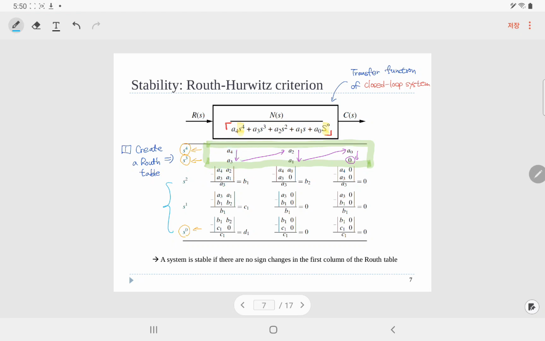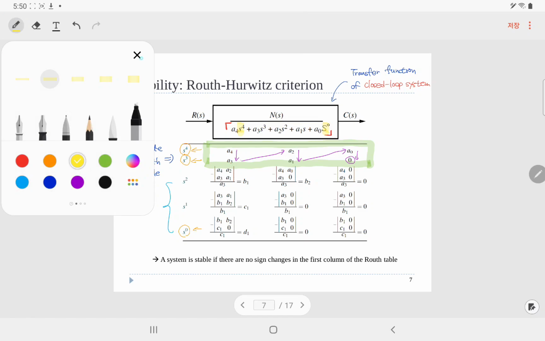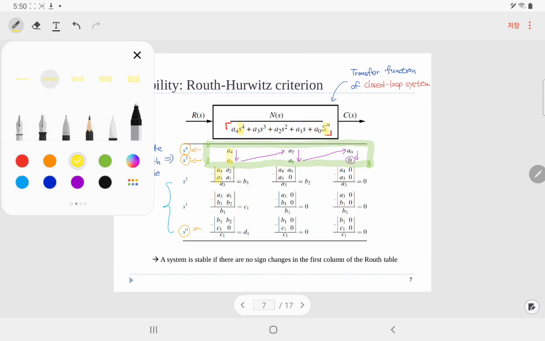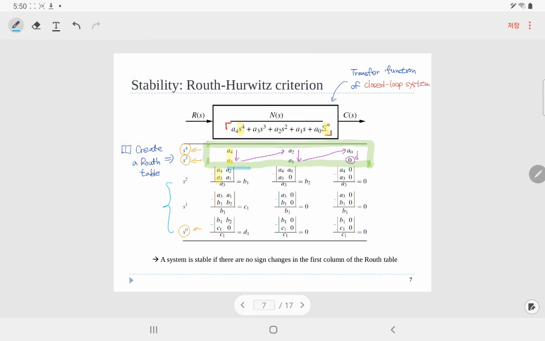Here the first column of this determinant is composed of A4 and A3, and these components appear here. Then the second column, A2 and A1, appears at this point. So there is a certain pattern.